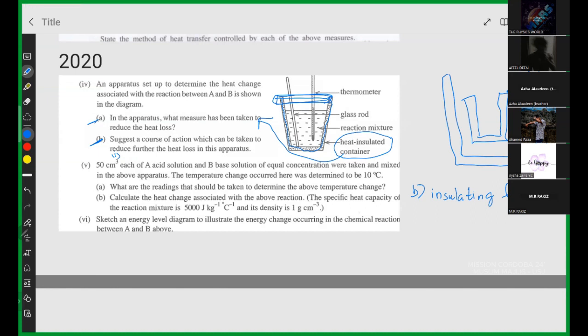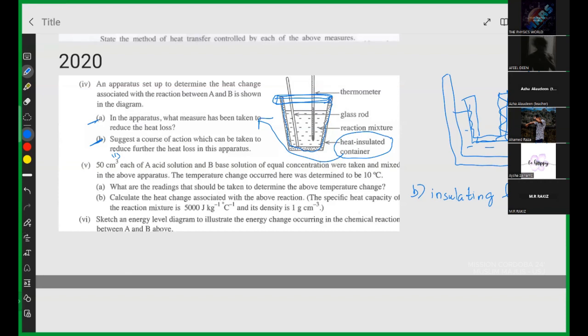Or else, you can insert that vessel into another container, with water or without water. Anyhow, we can just mention inserting it.